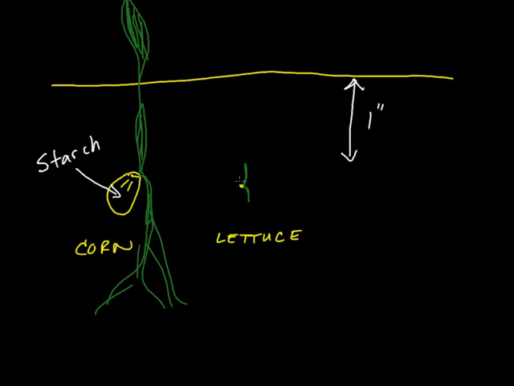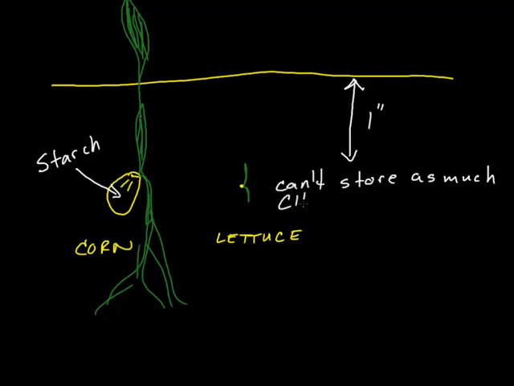But what about lettuce? Lettuce is a much smaller seed, and so in other words, it can't store as much, and by size, we're talking hundreds, maybe even 1,000 times less volume than the average corn seed when compared to a lettuce seed.